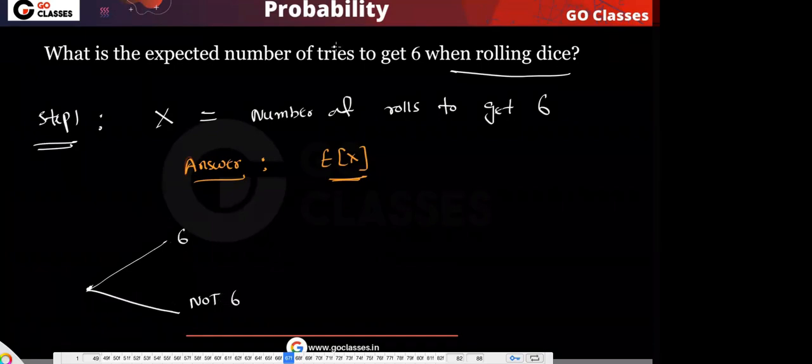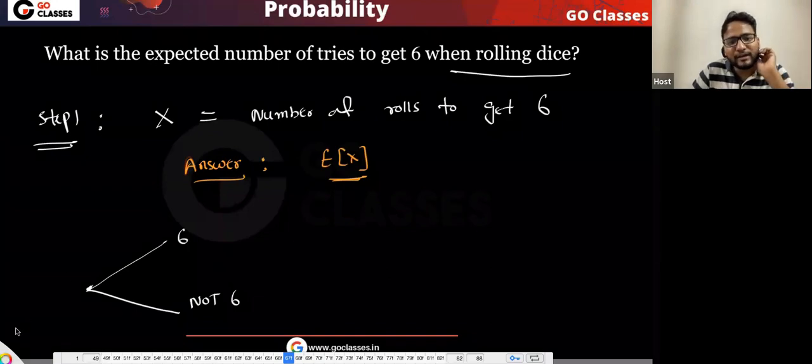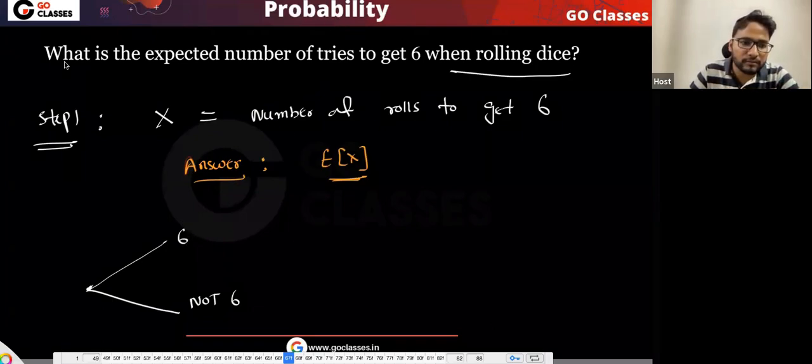Now tell me how many tries you are making if 6 has come. How many rolls have you made till this point? You just rolled one time, so if 6 has come, just one roll, right? So till this point you had just one roll.